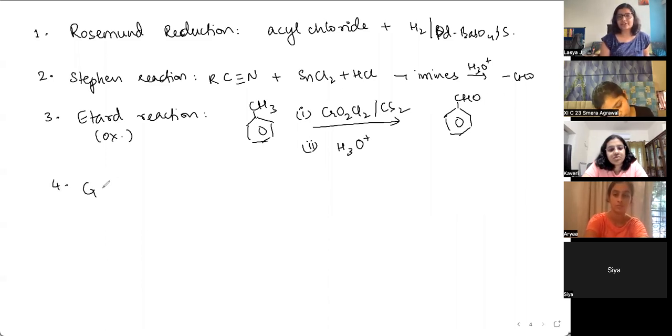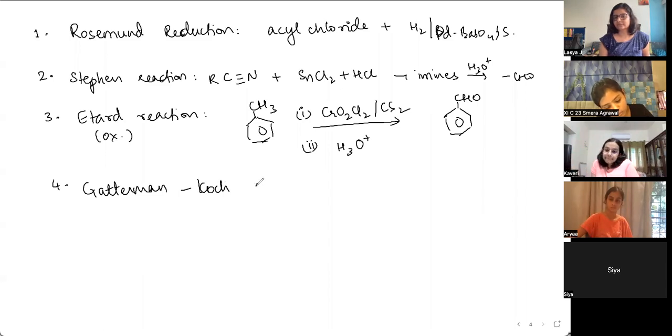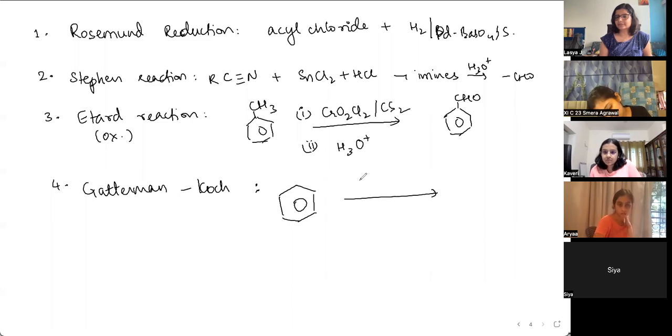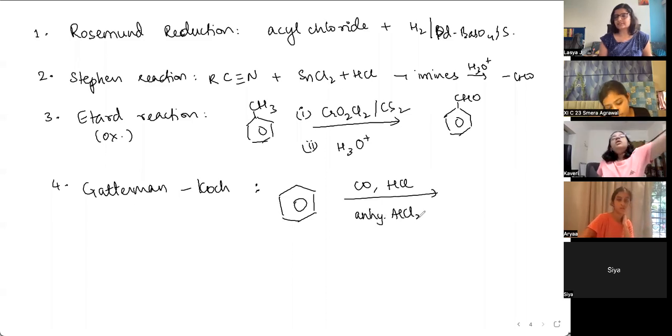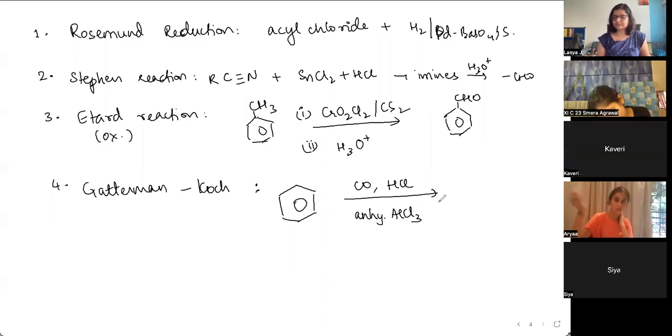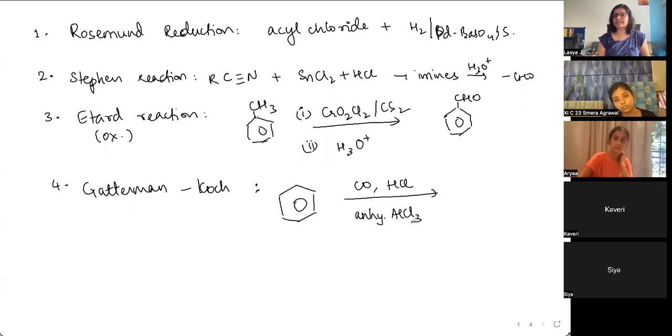And the Gattermann-Koch reaction. So this is benzene, and the reagent is CO and HCl, in the presence of anhydrous AlCl3, or CuCl.